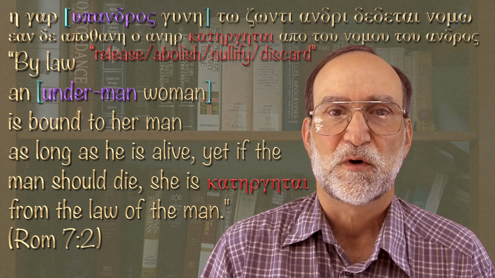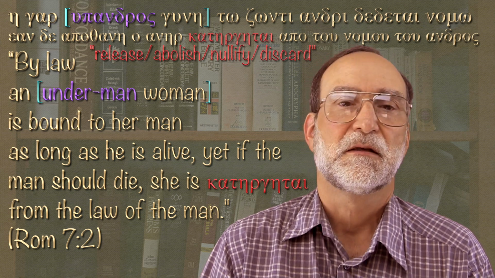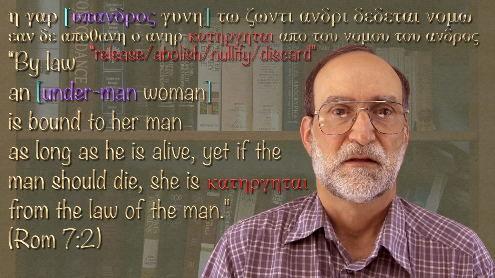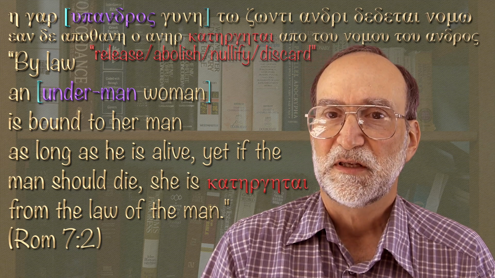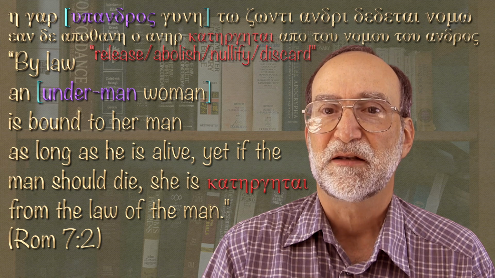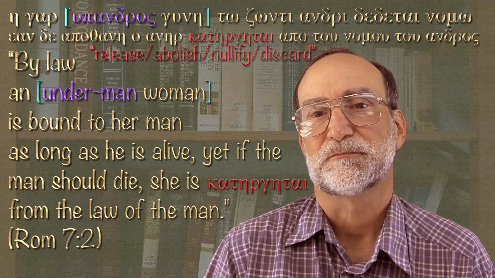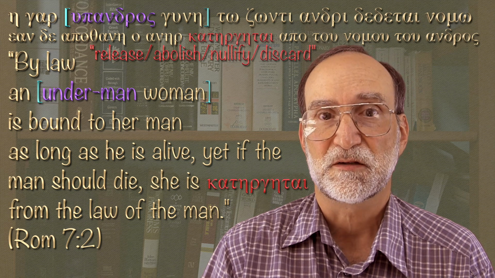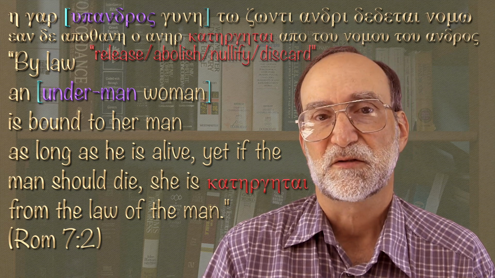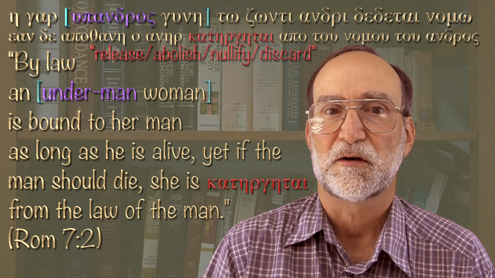Since it describes a woman being released from a man upon his death, you would expect the word to be used with regard to being released from a man due to, quote, divorce, unquote, if there was such a concept. But it is not used anywhere else in the context of what we call marriage.